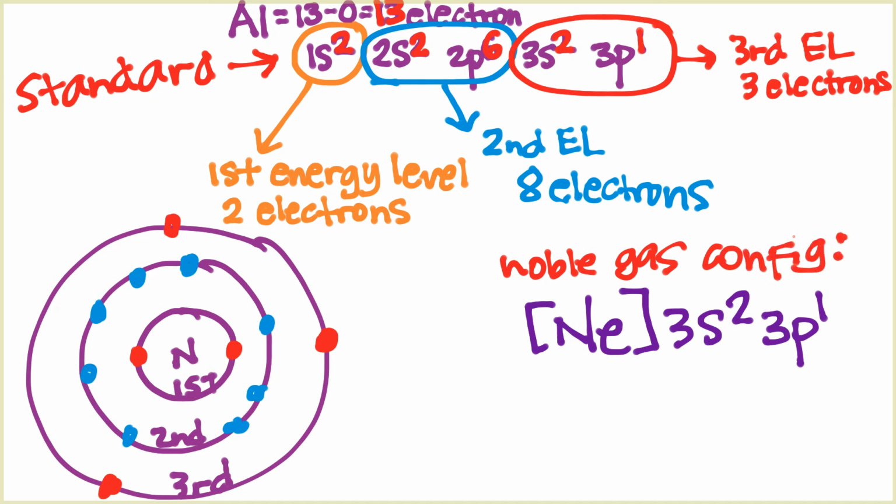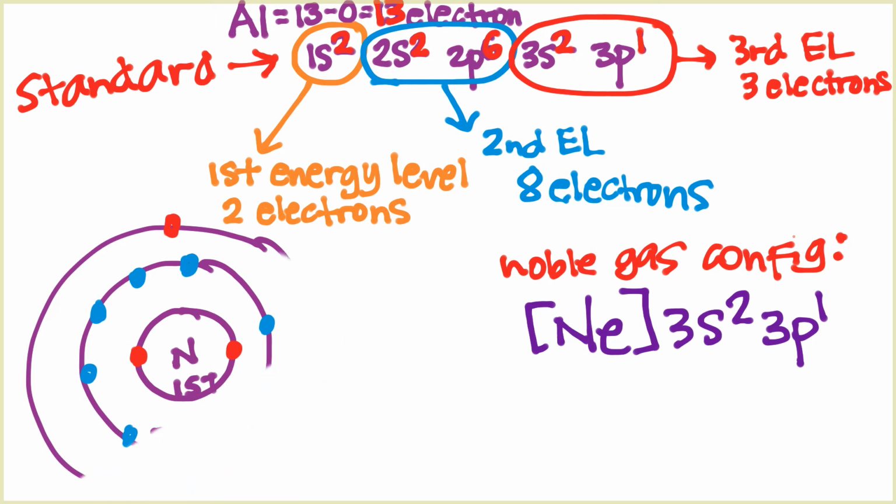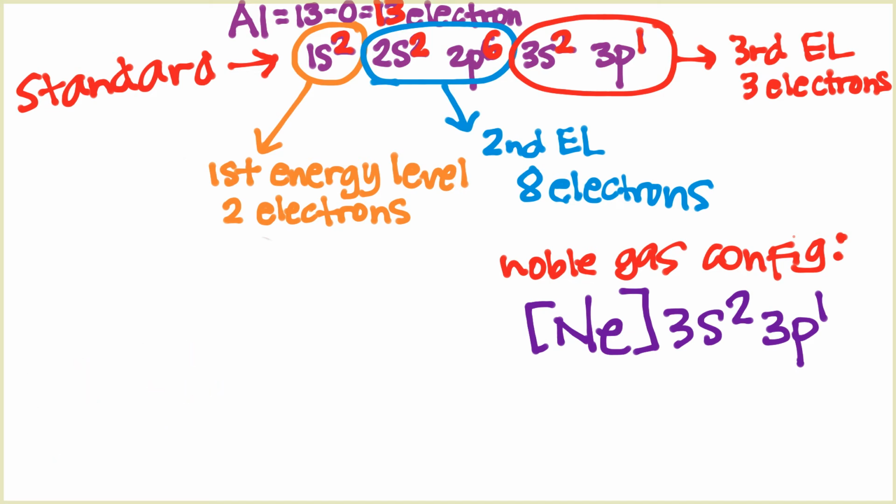So someone's going to ask, oh, Mr. Chua, why is it important to get the noble gas configuration of the atom? Well, guys, if you look closely at the noble gas configuration, you're going to see that the last thing you wrote down after Ne are the electrons in the third energy level.